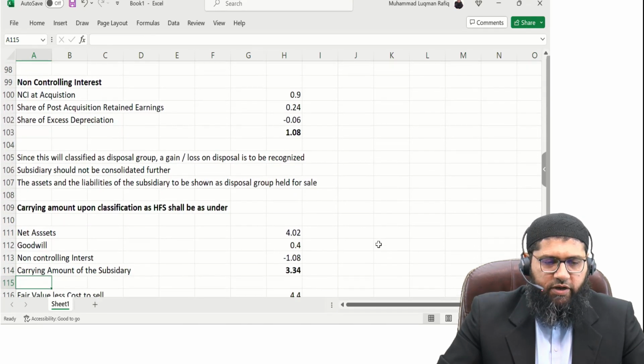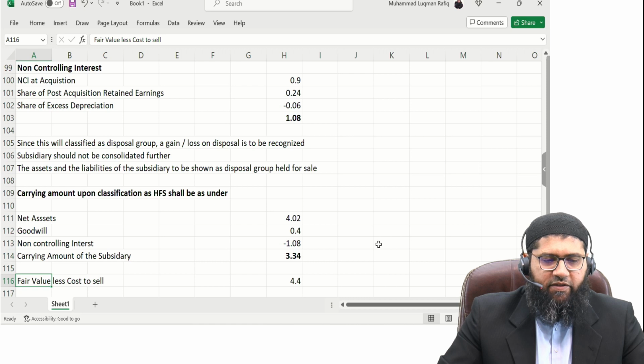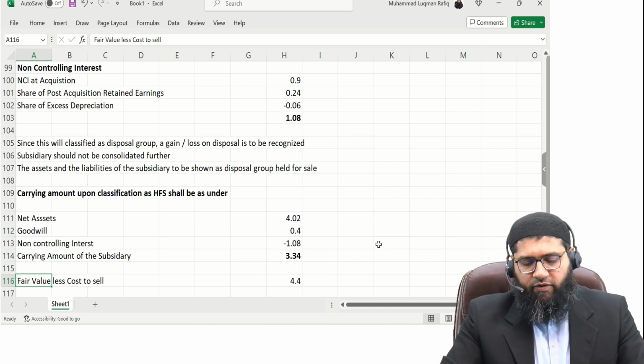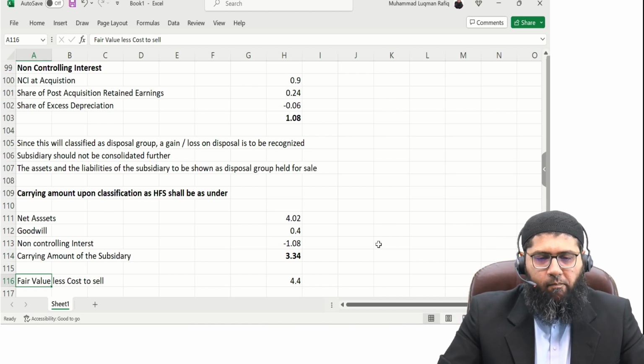Then see how the non-controlling interest would be considered and that there is no write-off.